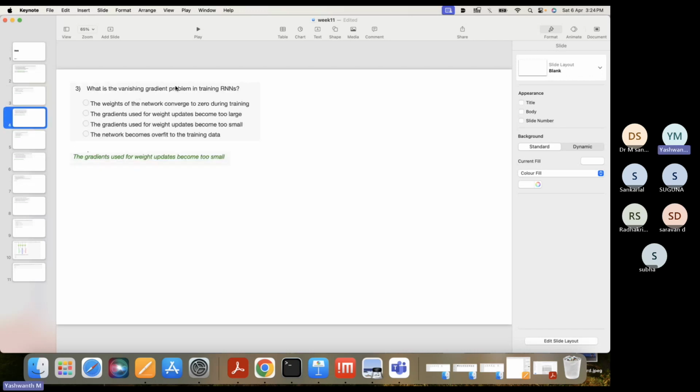So what is the vanishing gradient problem in training RNN? Just now I explained it, right? Why it comes, through which way it comes. Basically, the gradients of weight updates will become very small.